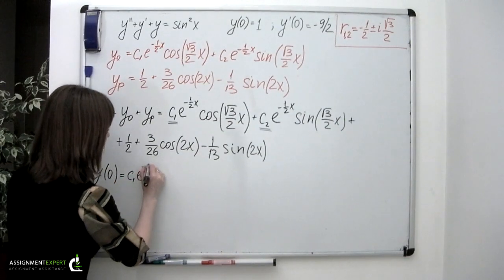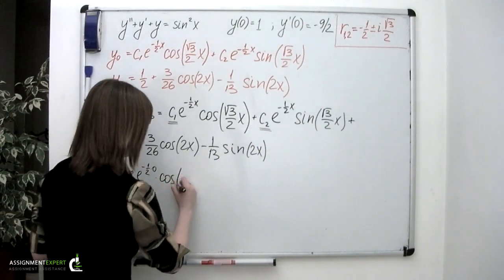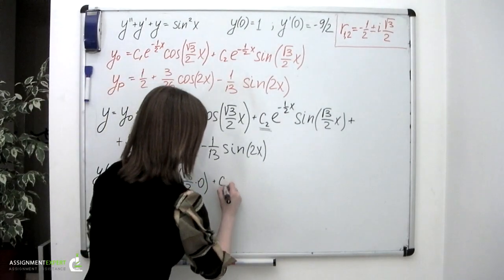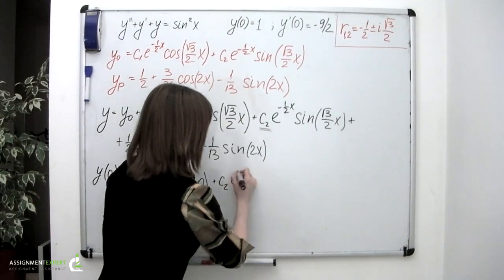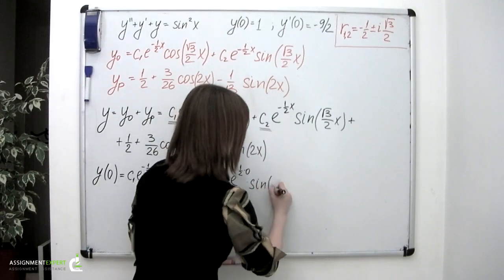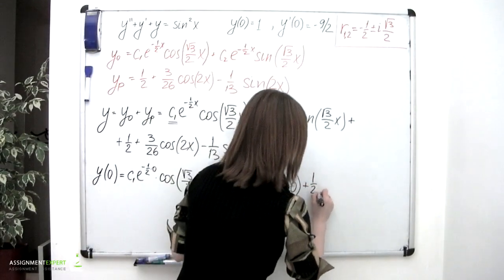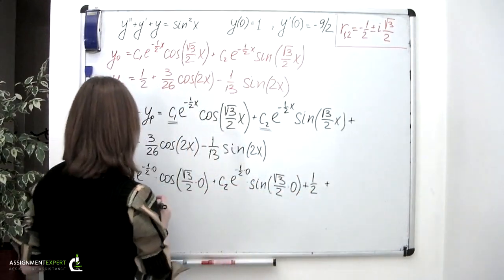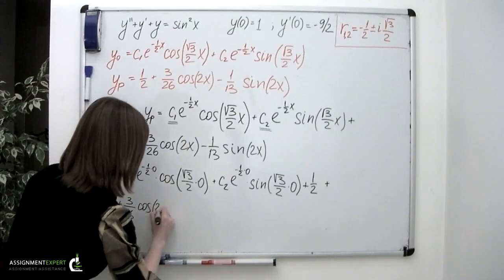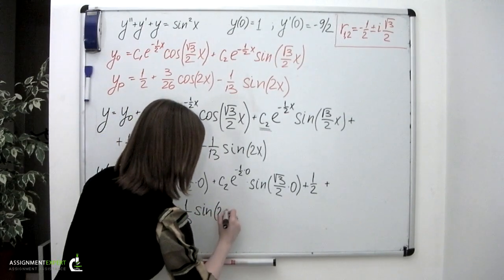C1 times e to the power of negative 1/2 times 0 multiplied by the cosine of square root of 3 over 2 times 0, plus c2 times e to the power of negative 1/2 times 0 times the sine of square root of 3 over 2 times 0, plus 1/2, plus 3 over 26 times the cosine of 2 times 0 minus 1 over 13 times sine of 2 times 0.